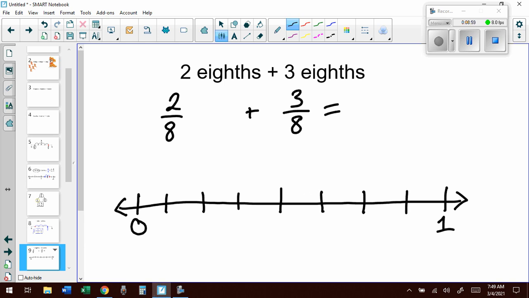All right, so now I have a number line that's partitioned into 8. I need to find 2/8. 1/8, 2/8 right here. And from there I need to add 3/8. 1/8, 2/8, 3/8 right here. So where did I land? 1/8, 2/8, 3/8, 4/8, or 1/2, 5/8.